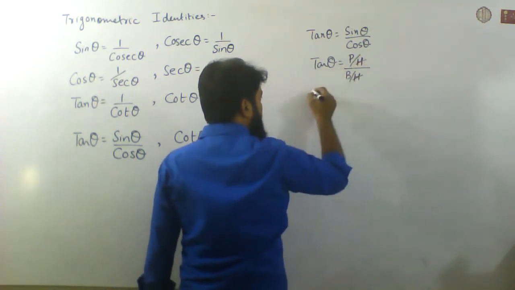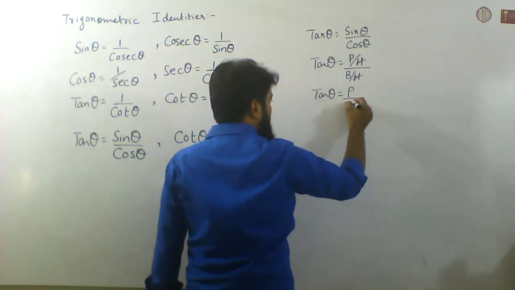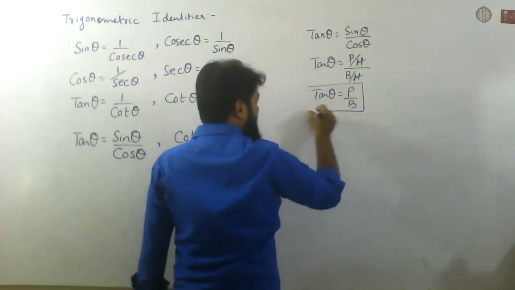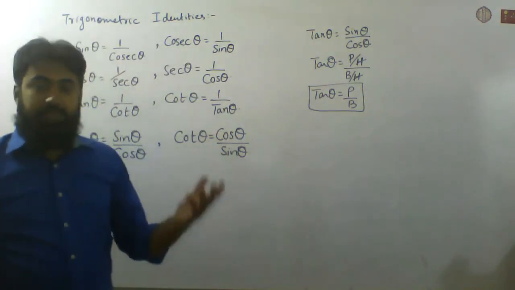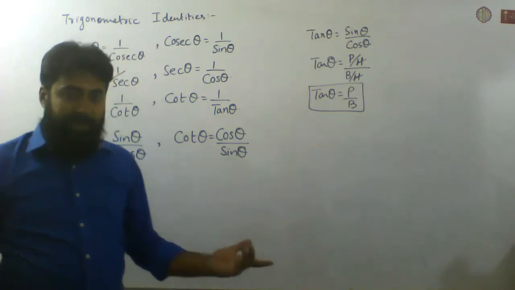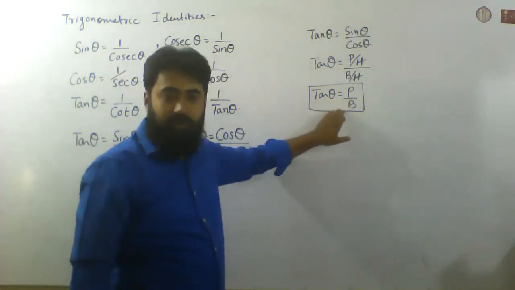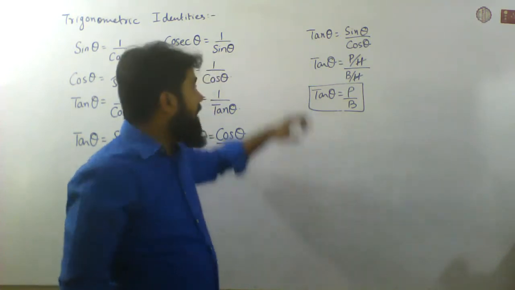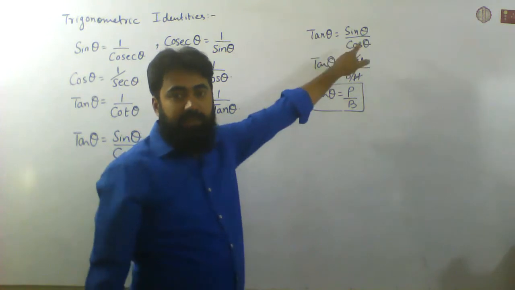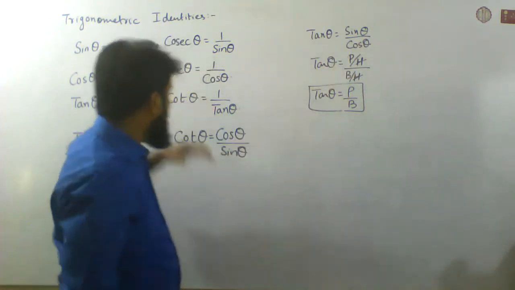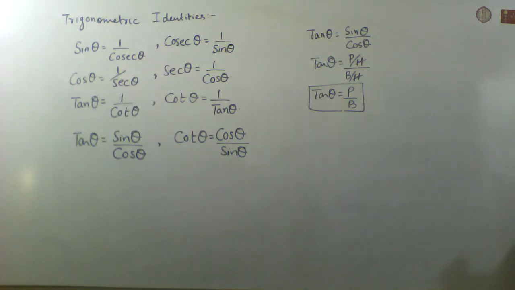Hypotenuse and hypotenuse will be cancelled. So tangent theta equals perpendicular upon base, which is the ratio of sides of a right angle triangle, that we know. From here I have derived that tangent theta equals sin theta upon cos theta. In the same way, all these workings will be done.